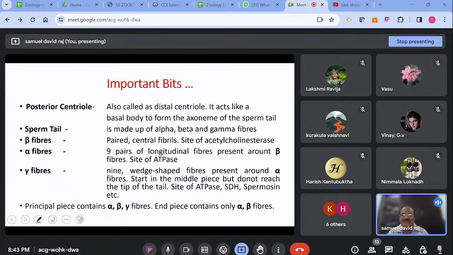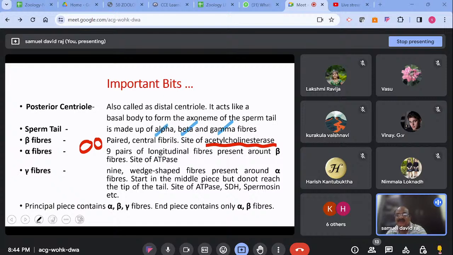Next, the posterior centriole, also called the distal centriole. It acts like a basal body and forms the axoneme of the sperm tail. This sperm tail is made up of three fibers: alpha, beta, and gamma fibers. The central fibers, which are two in number, are called gamma fibers, and they have the activity of acetylcholine esterase.